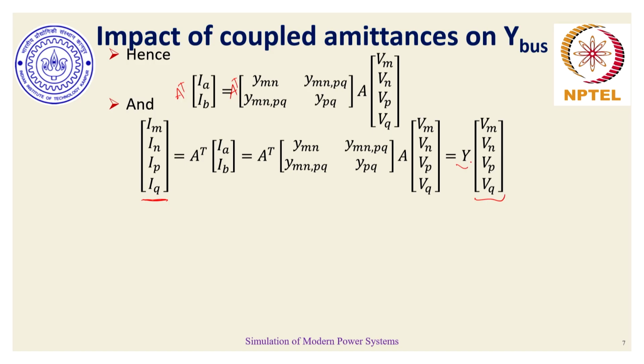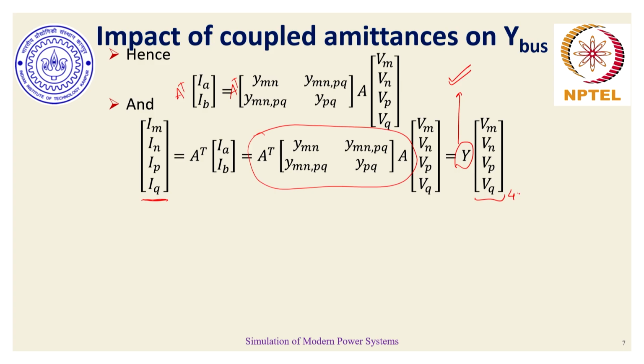The corresponding Y matrix that would be evaluated is the overall bus admittance matrix that we are trying to find while considering the effect of mutually coupled impedances, which is this matrix shown over here. So, what would be the dimension of Y at the outset?